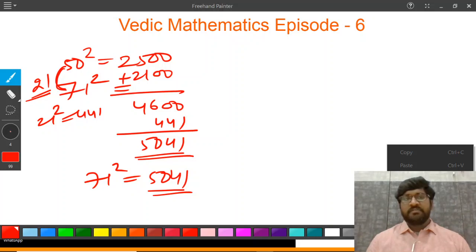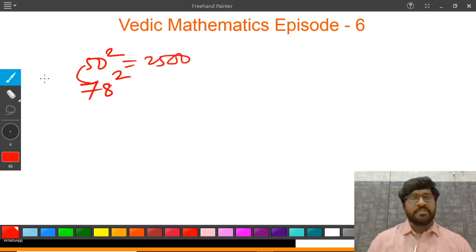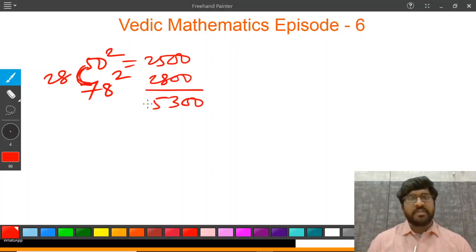Now let us take one more example. I am interested to find 78 square. Now 50 square is 2500. Here the difference is 28. Since 78 is 28 more, I should add 2800 to this, which is 5300.